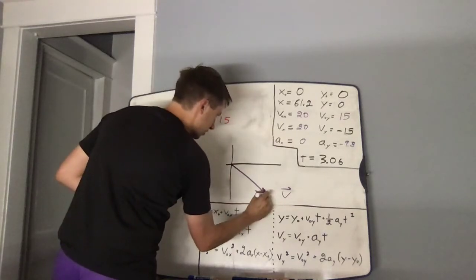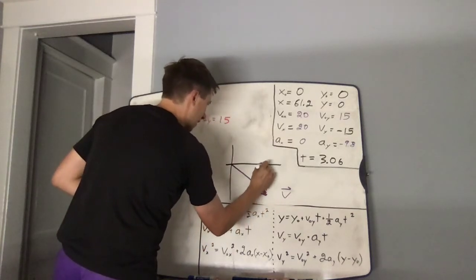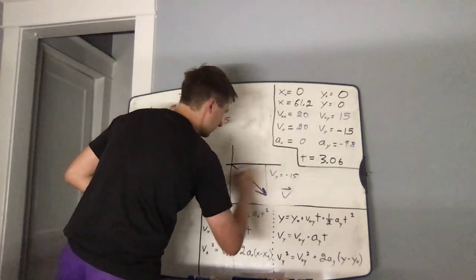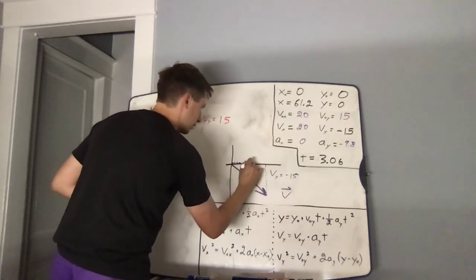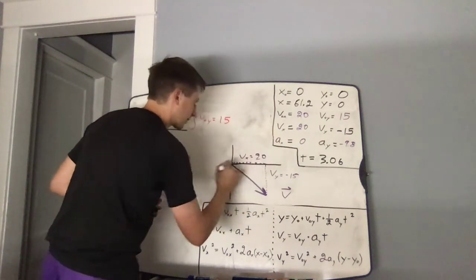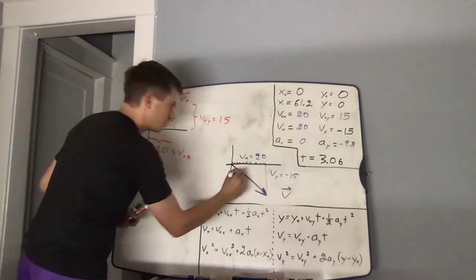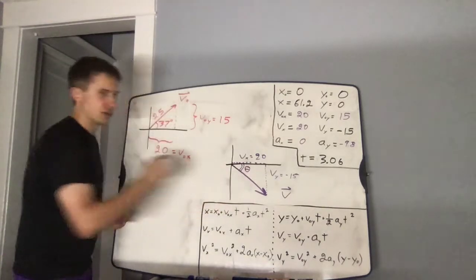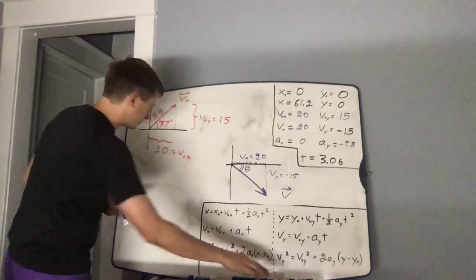So let's see, we know V final y is equal to negative 15. We know V final x is equal to 20.